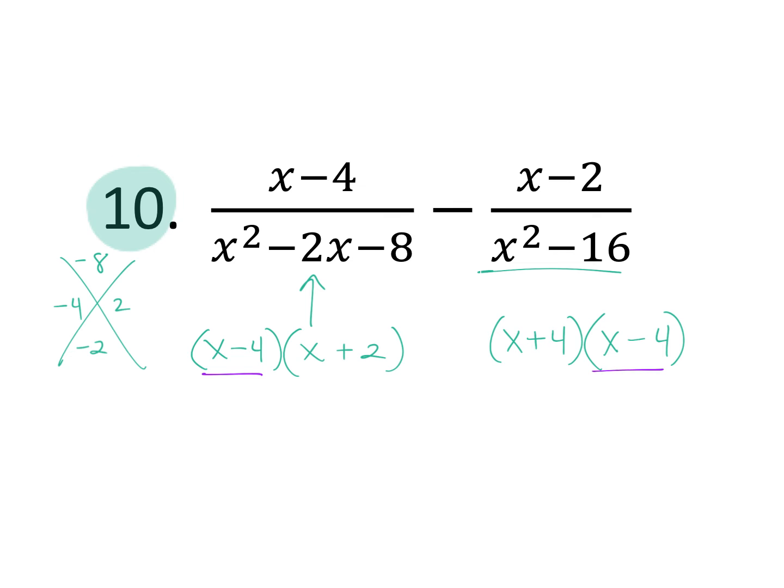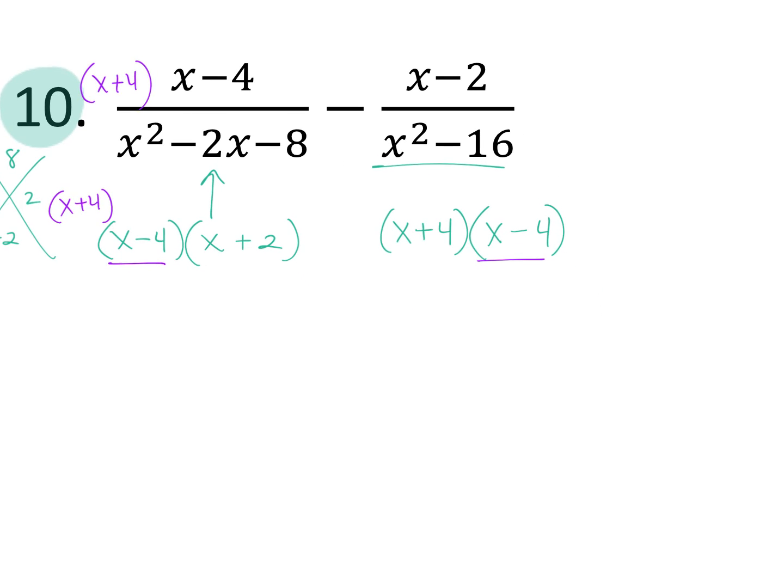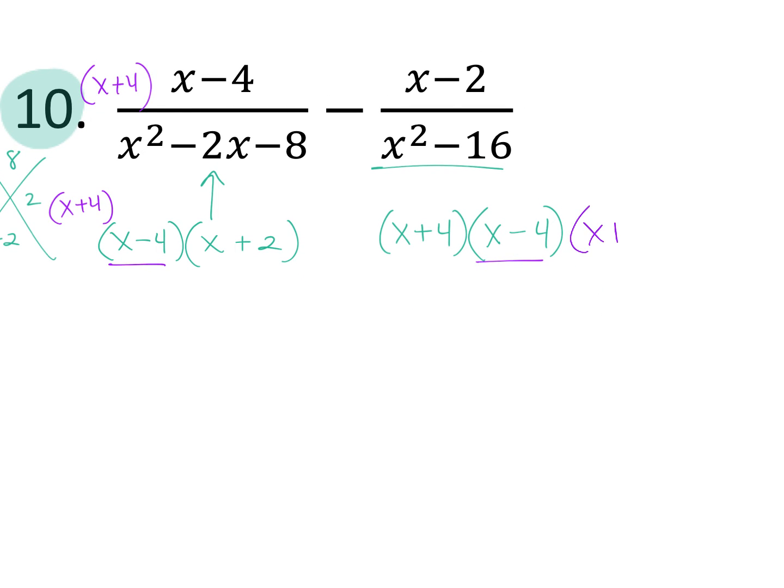This left side needs an x plus 4. So we're going to go x plus 4 over x plus 4. What does the right side need? X plus 2. So we're going to go x plus 2 over x plus 2. So essentially we're ignoring this. This is our new setup.